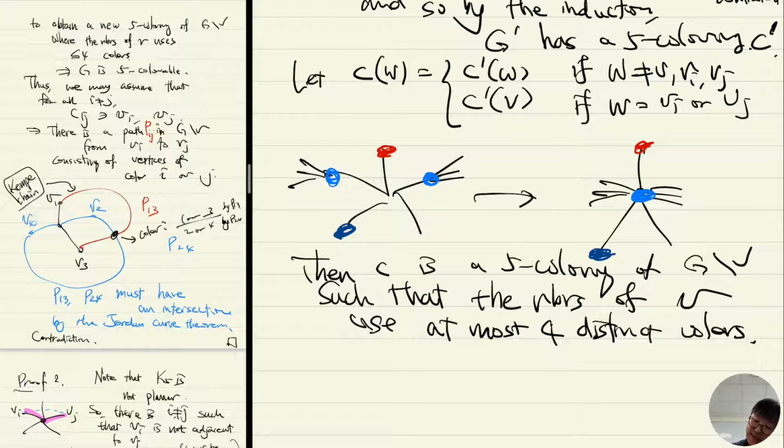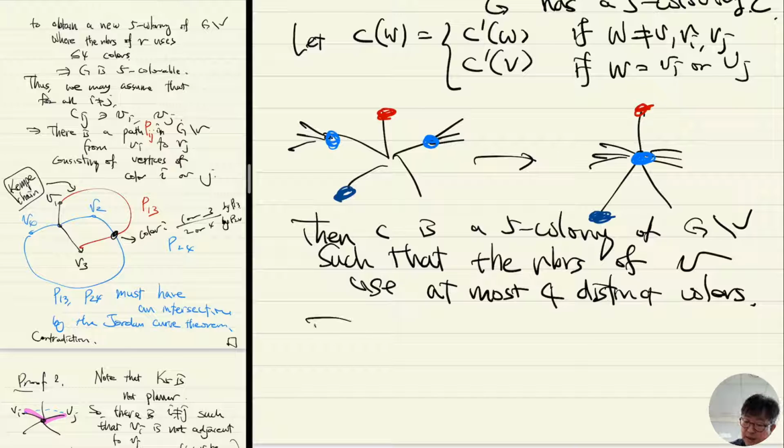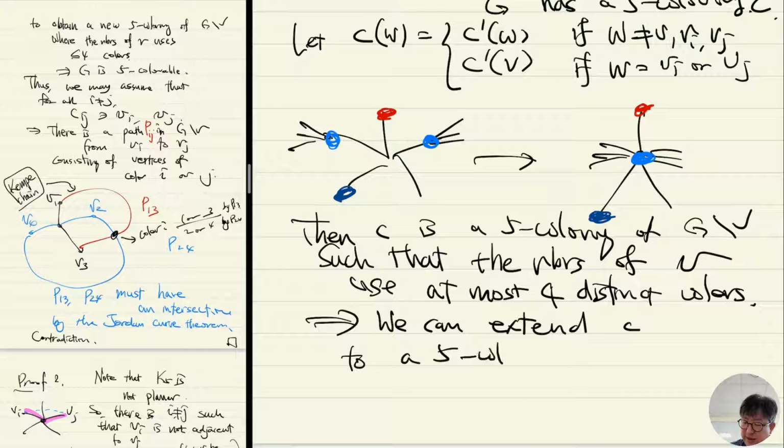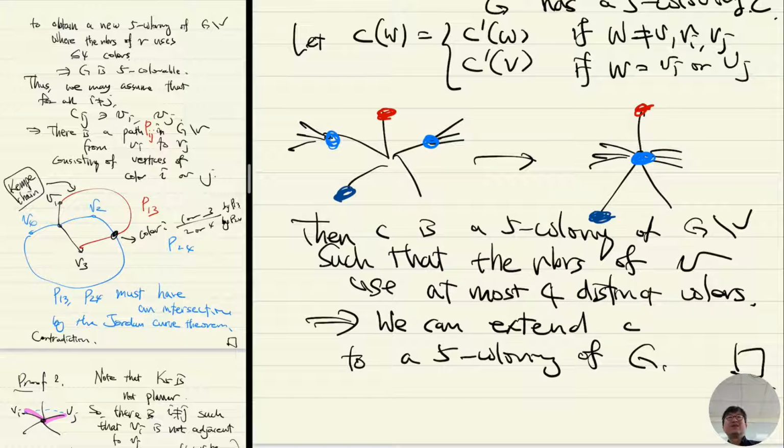By the way, why is this a coloring? Because whenever you have two adjacent vertices, you have distinct colors. And this is guaranteed because these two vertices are not adjacent. So now we can extend C, the 5 coloring, of G. So that's another proof. So I showed you 2 proofs. The graph is 5 colorable.